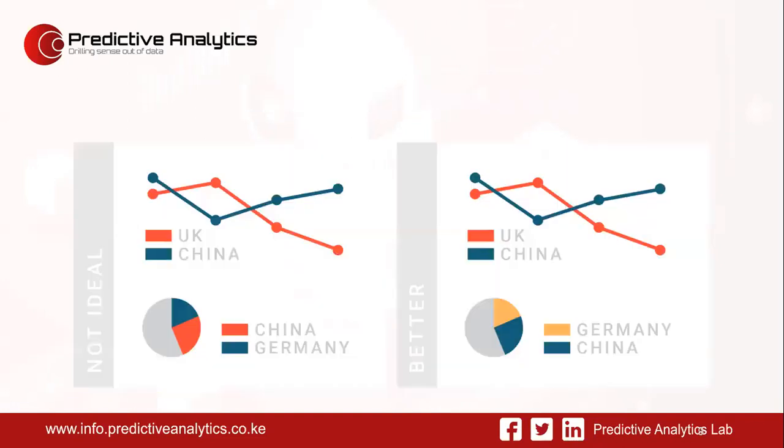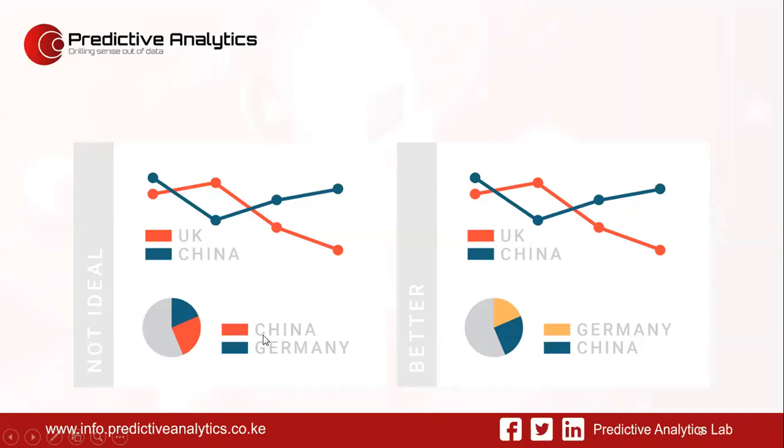So we have an example there, but I'm not going to click. I'll just show it in an illustration. On the left side again, we have the not ideal, and on the right side we have the better option. On this side, you can see, for example, UK is red and China is dark blue. And then on the same page, we have a pie chart here, but you've already associated dark blue with China.